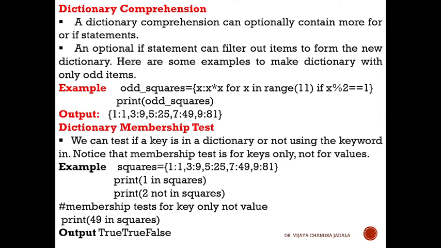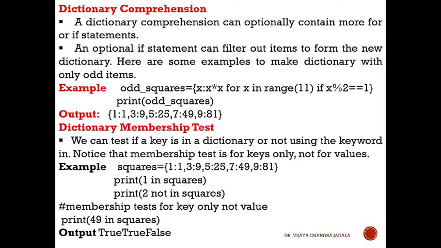Dictionary comprehension. A dictionary comprehension can optionally contain more for or if statements. An optional if statement can filter out items to form the new dictionary. Here is an example to make a dictionary with only odd items.